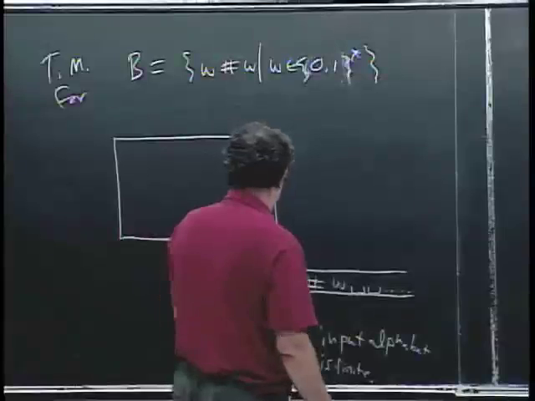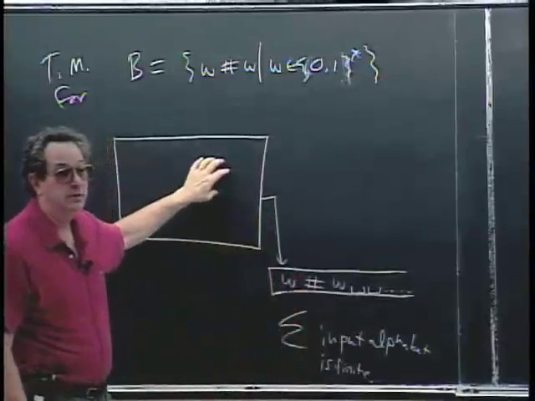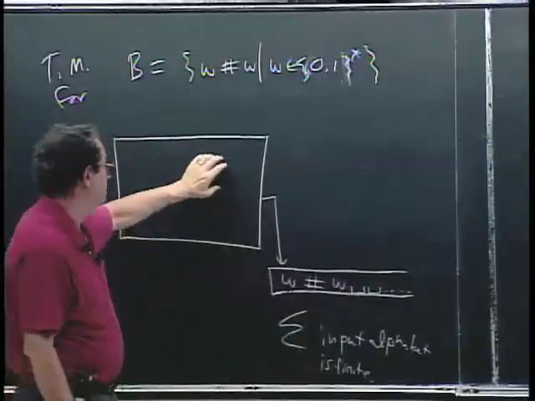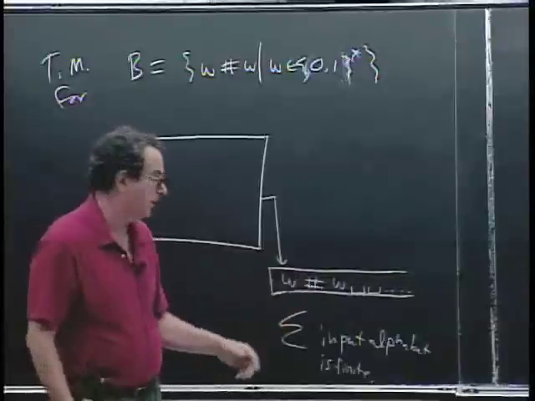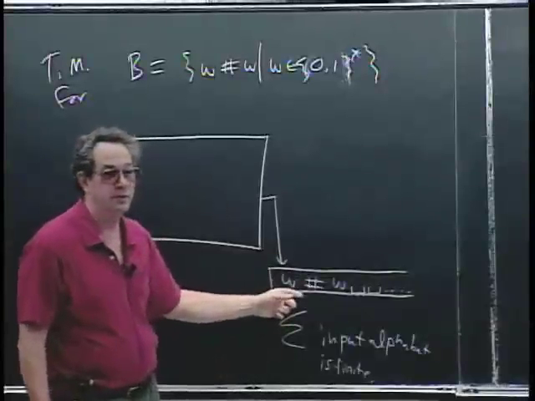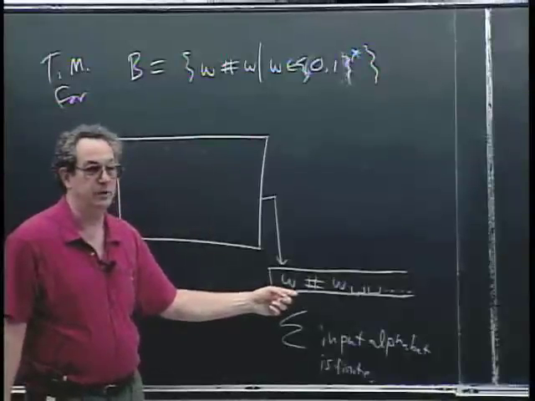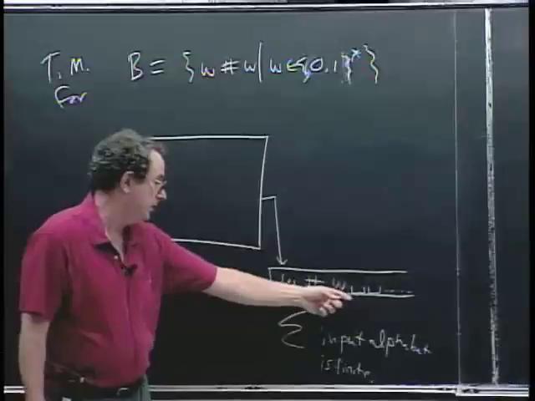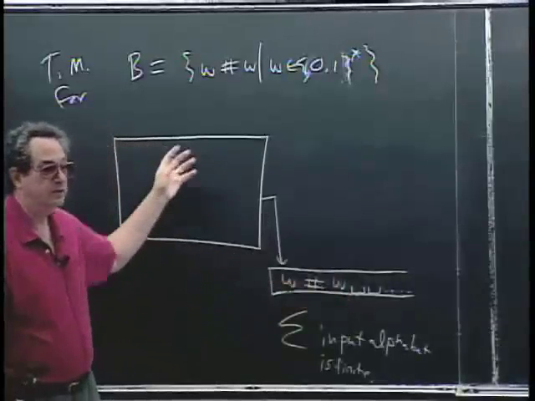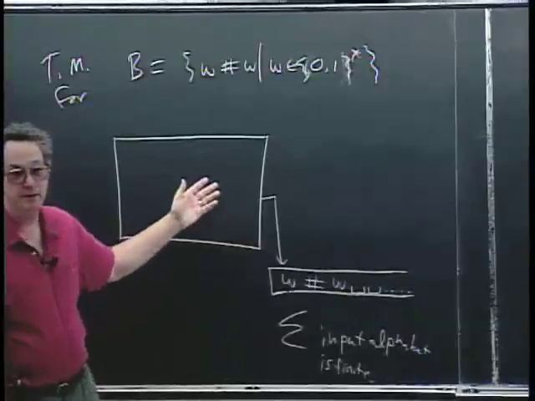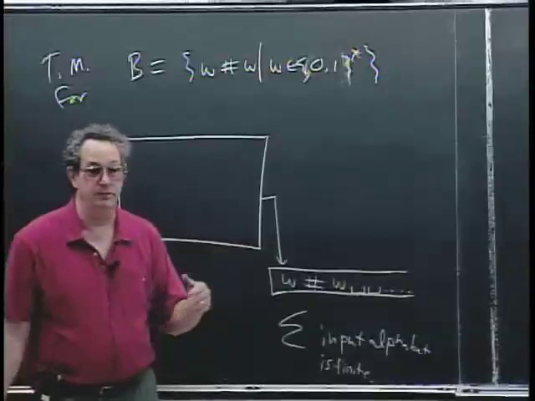So when we see a character over here, we can move into a particular state which, by virtue of what state it is, is remembering, recording the fact that what you saw here was a 0, or in a different state, reflecting the fact that what you saw here is a 1. Then when you go over here, depending on what you actually read and which state you are in, you can do the appropriate thing of saying yes, they're equal, or recognizing that they're not equal, and then reject.